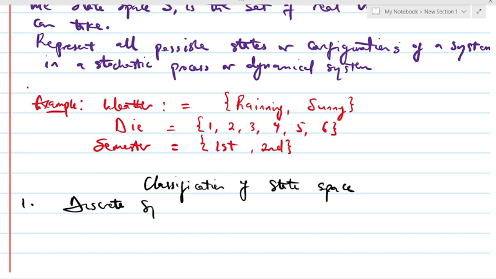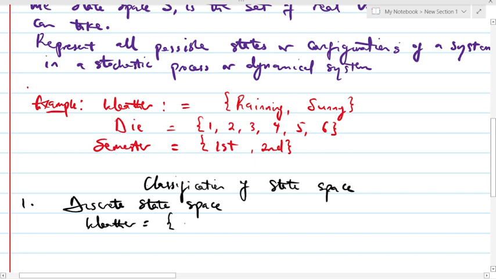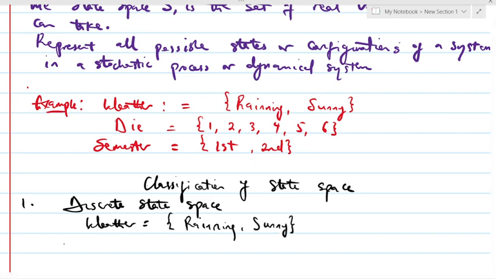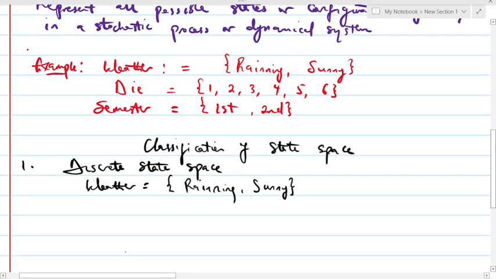For example, in weather forecasting, we know that it can either be raining or sunny. That is a state space whereby you are able to count the number of possible states of that particular system. Such a space is called a discrete state space.